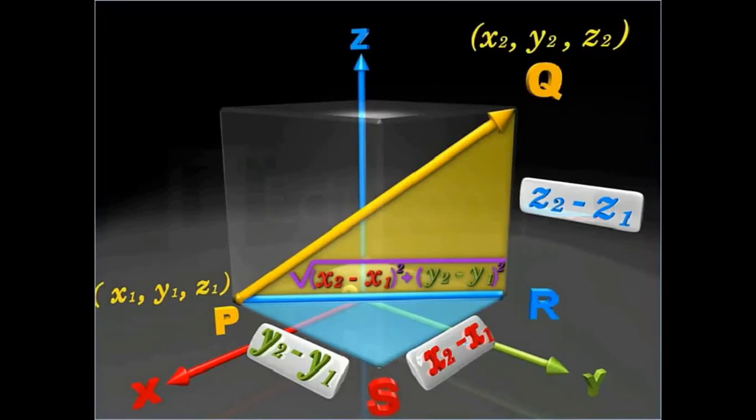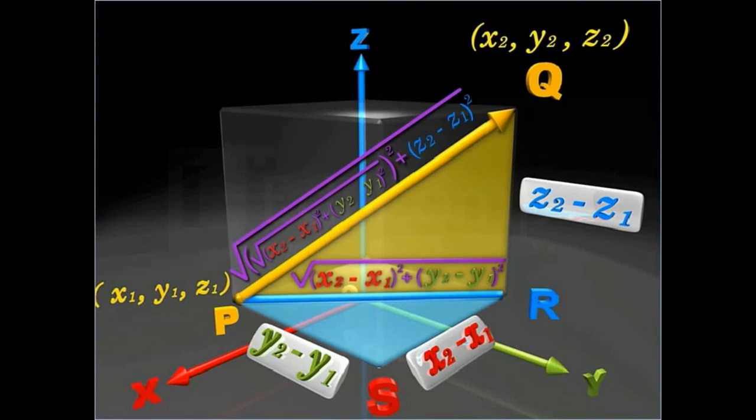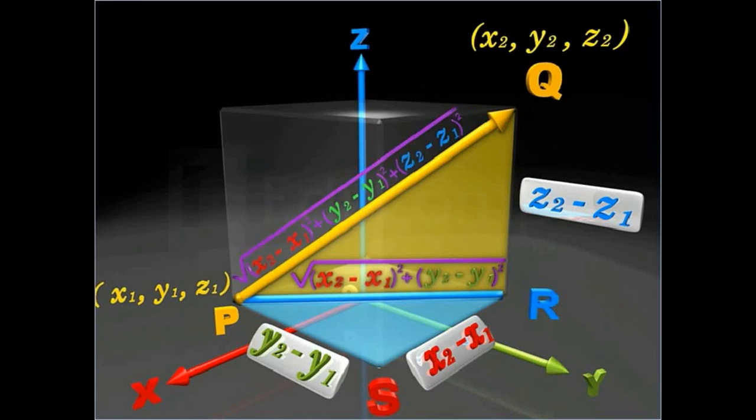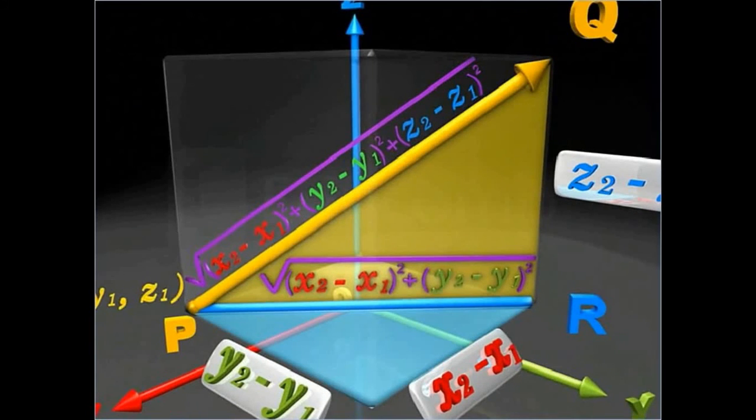Applying Pythagoras theorem to this triangle, you get the magnitude of vector PQ as the square root of (x2 minus x1) whole square plus (y2 minus y1) whole square plus (z2 minus z1) whole square.